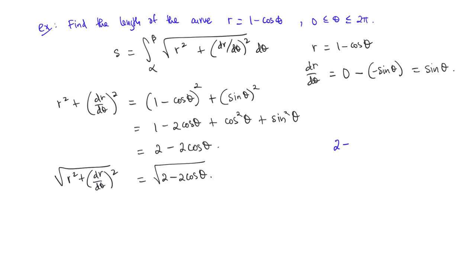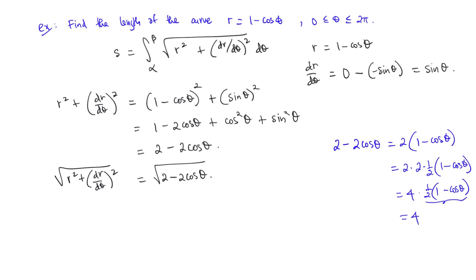2 minus 2 cosine of theta can be rewritten as 2 times 1 minus cosine of theta, which is 2 times 2 times 1/2 of 1 minus cosine of theta, which is 4 times 1/2 (1 minus cosine of theta), but we recognize that the 1/2 (1 minus cosine of theta) part is sine squared of theta over 2.